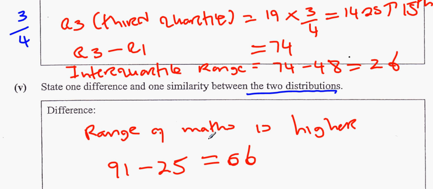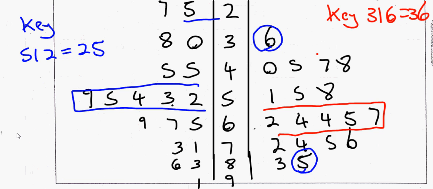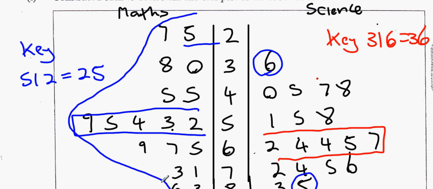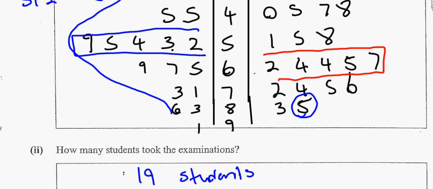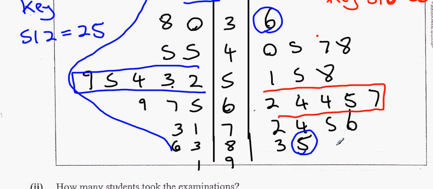Now, we could also have a look at, yes, if you were to draw like a curve going across, okay, you see that the maths is a bit more symmetrical looking, while the science, so they're sort of similar enough.